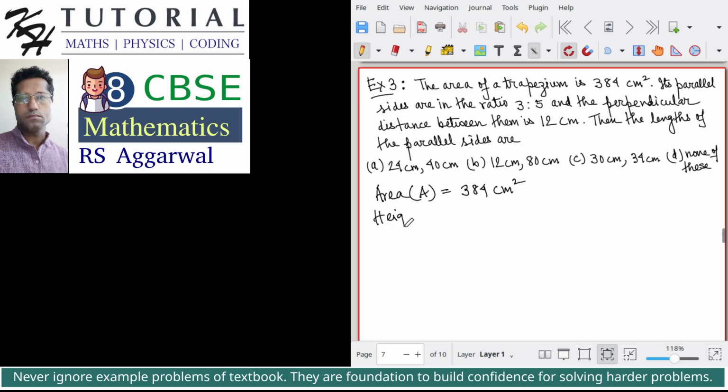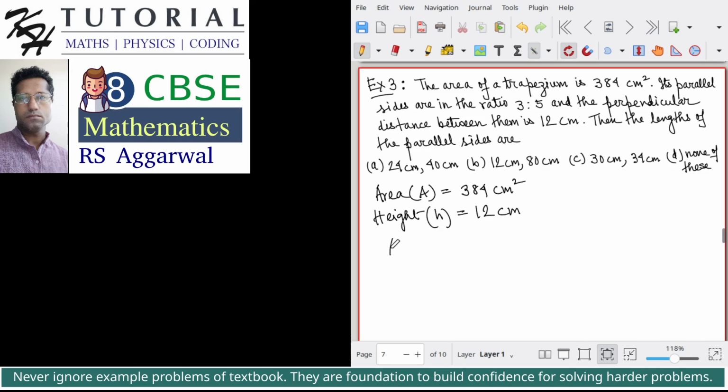The perpendicular distance between the parallel sides in a trapezium is actually the height or altitude of the trapezium. So height is given to be 12 centimeter. So clearly from these two pieces of information, the area and the height, we can find the sum of the lengths of the parallel sides.